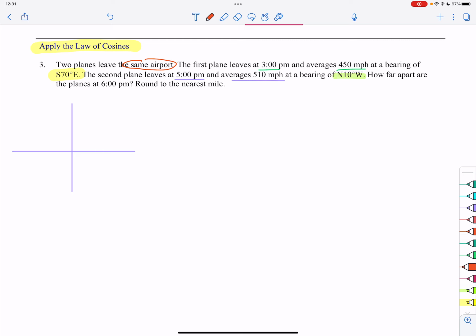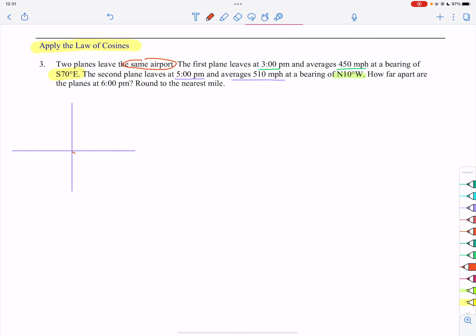And if we're 70 degrees east of south, then we would have 20 degrees here. Of course, this is 70, okay?